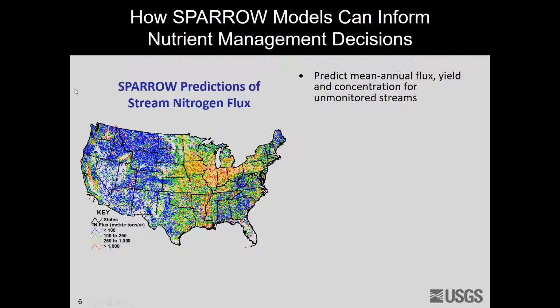I'll show a couple examples of how this information has been used in management decisions. The first is that it provides a complete inventory of estimates of water quality conditions throughout the spatial domain. In this case, this was a national model.